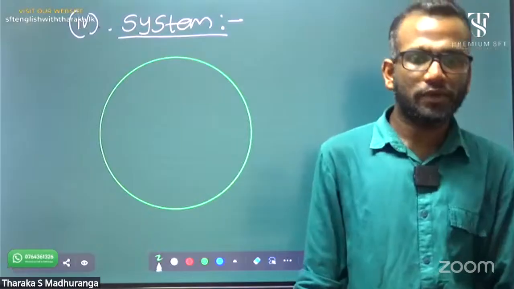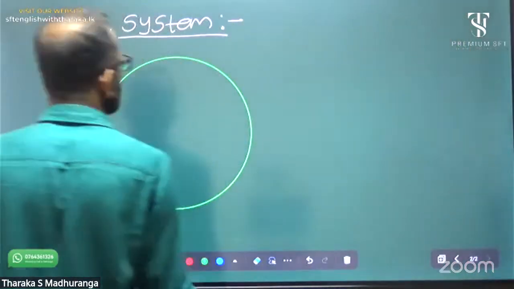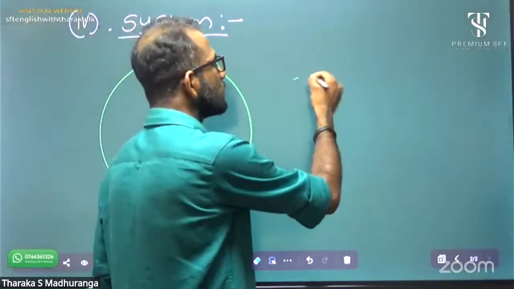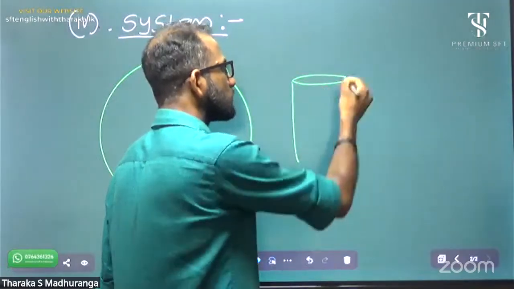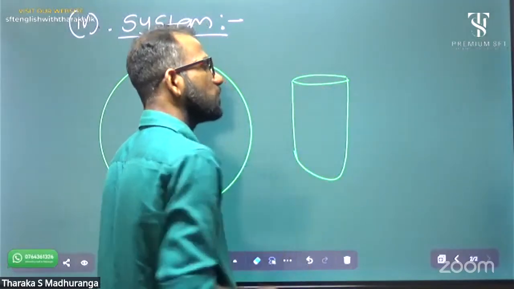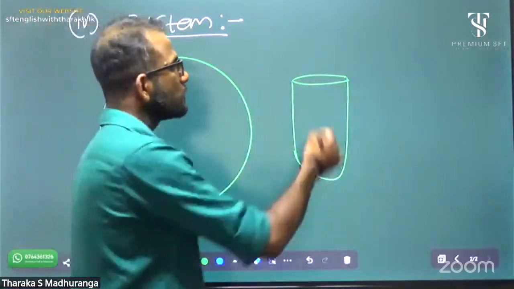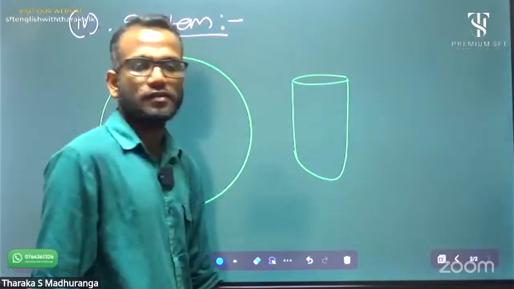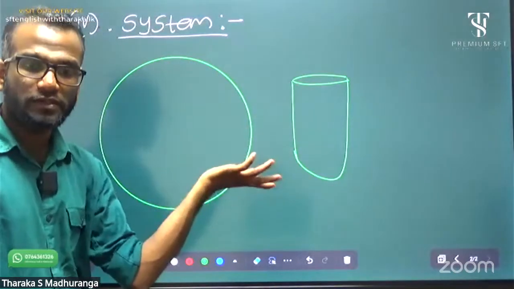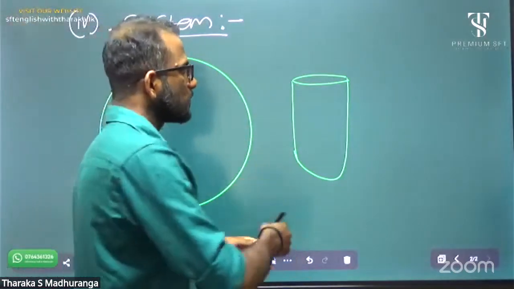You're doing some chemical reaction inside a test tube. Then this test tube is a system. It's considered an area of the universe for any study.